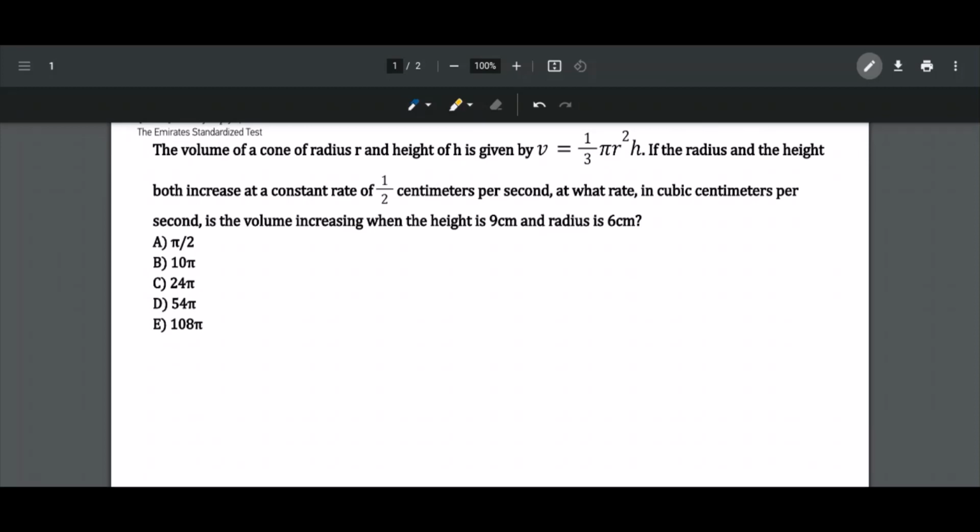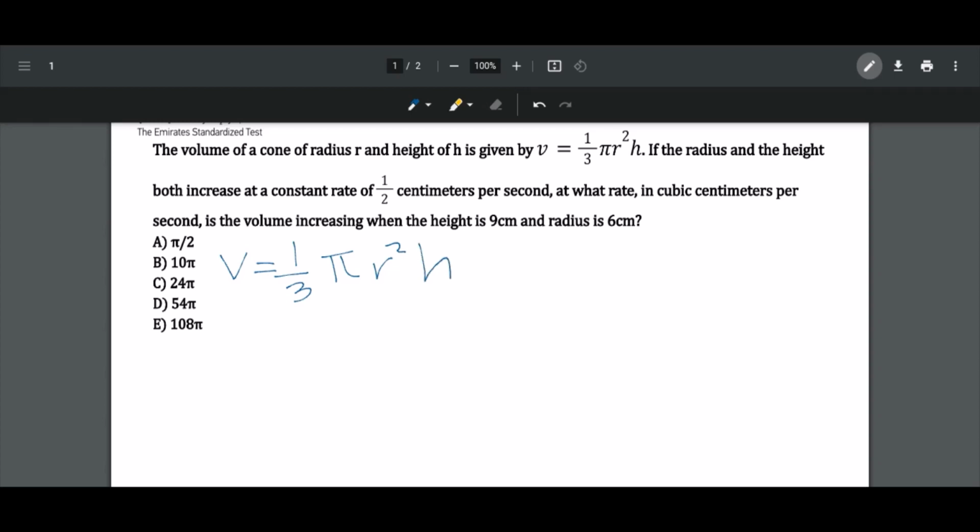So the formula of the volume of a cone is given as V equals 1 over 3 pi r squared h.